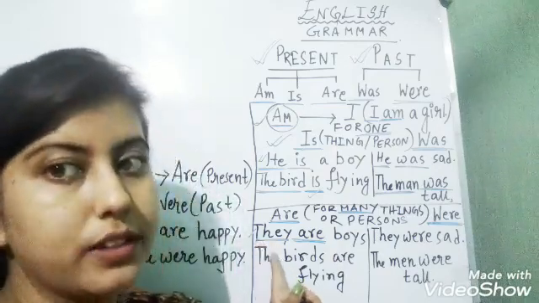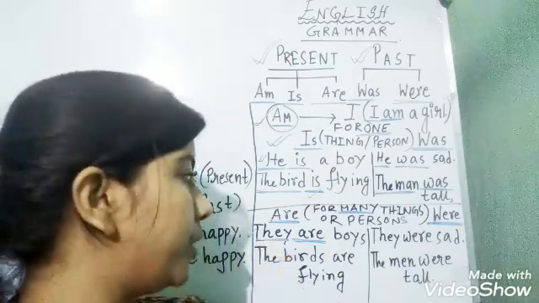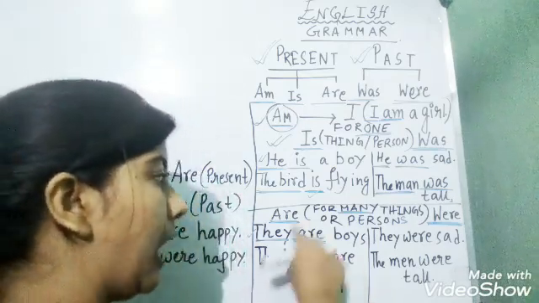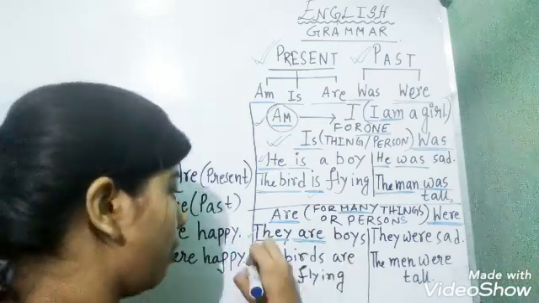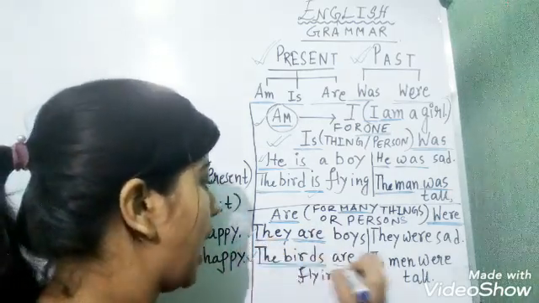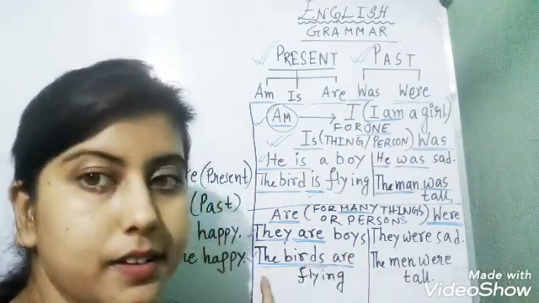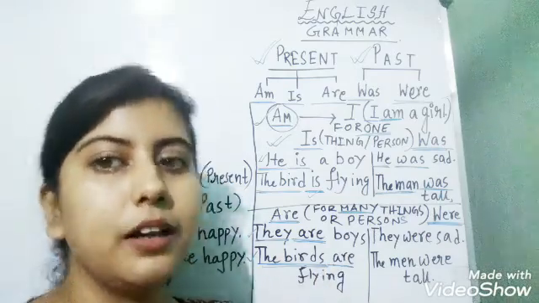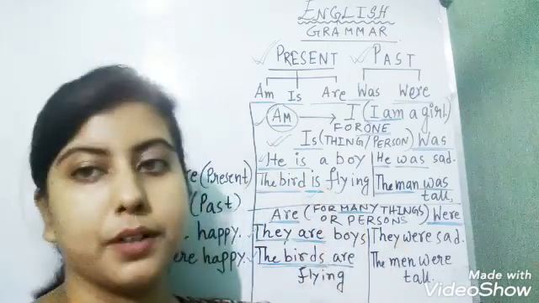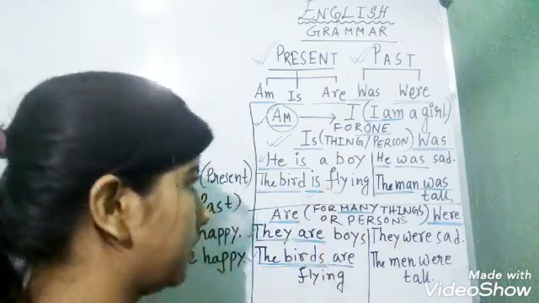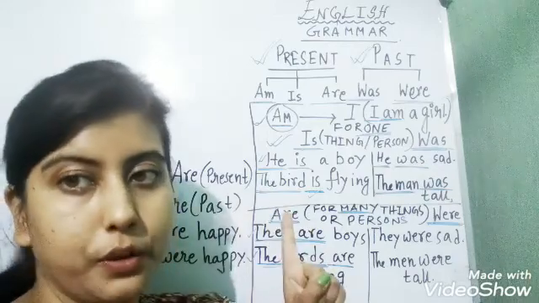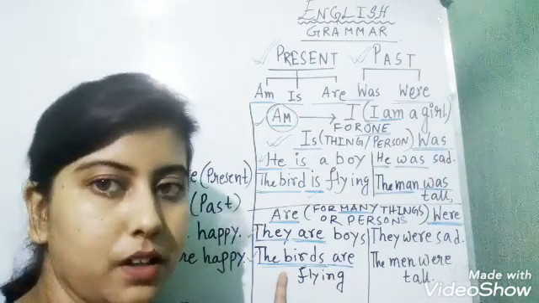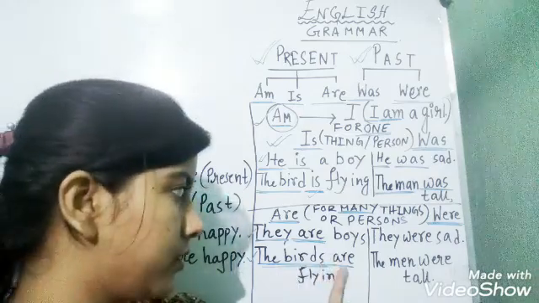With the word they, we are denoting multiple persons, so we will use are. And I have also written, the birds are flying. With the birds, we are denoting multiple birds. There are many birds, so we will use are. Here we had just one bird, so we had used is. But here we have many birds, so we will use are.